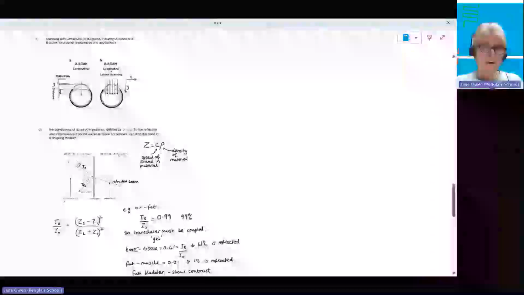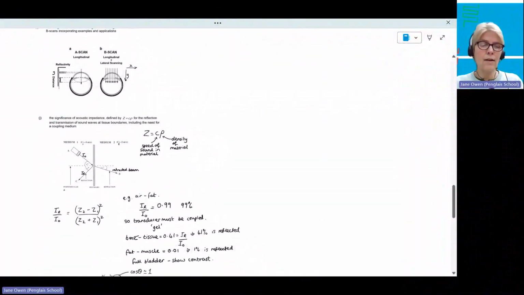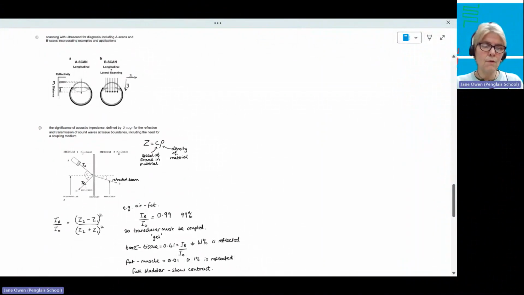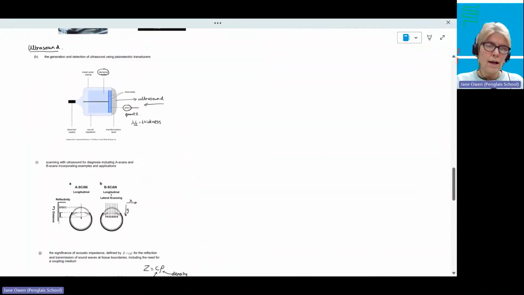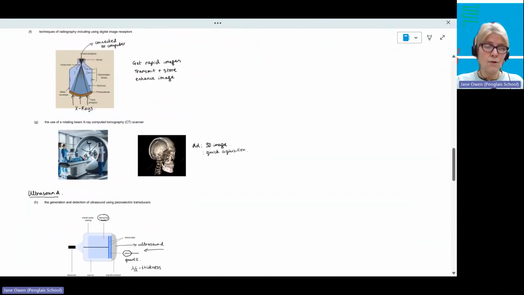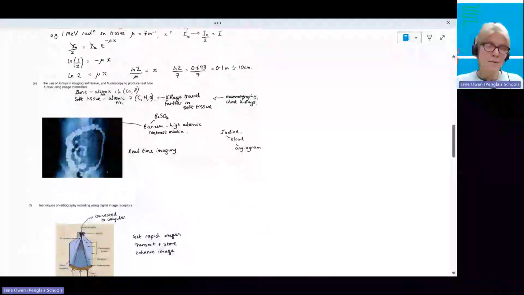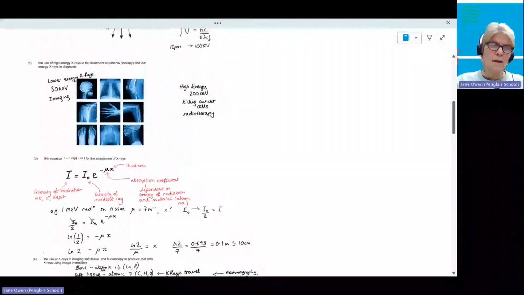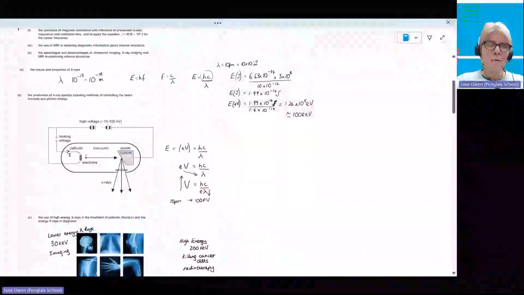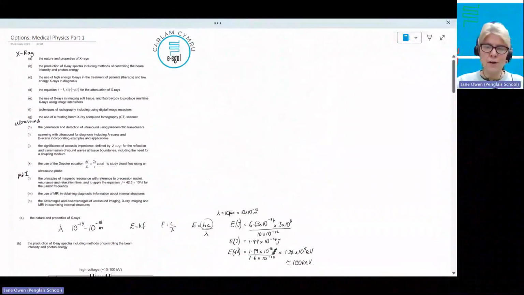For example, there you can see into the eye, coupling agents, and looking at this equation for reflection to the incident ray. We've looked at ultrasonic transducers, we've looked at CT scanners, image receptors, fluoroscopy to intensify the image, and standard X-rays, production of X-rays, and characteristics of X-rays.